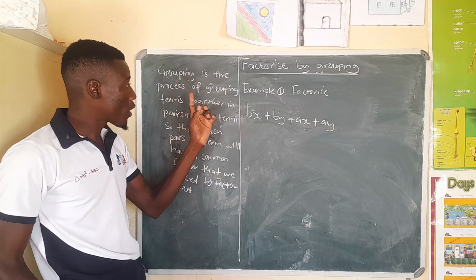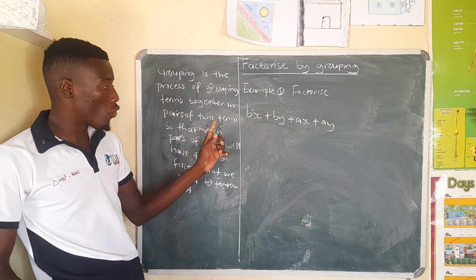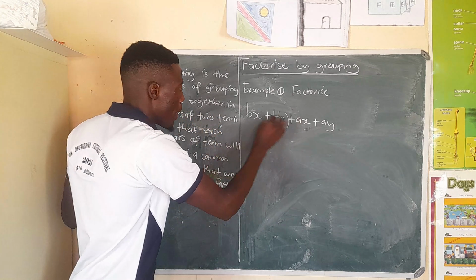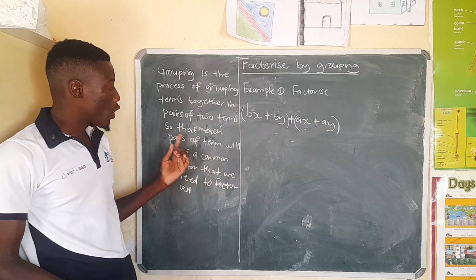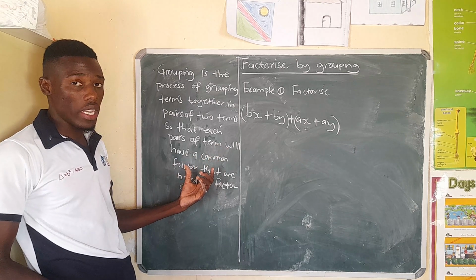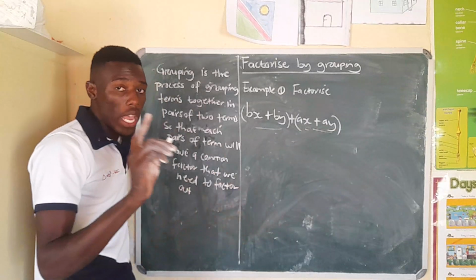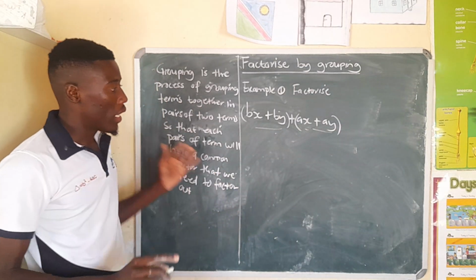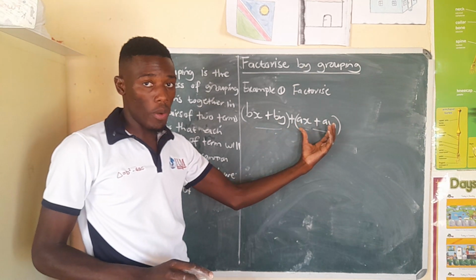Grouping is the process of grouping terms together in pairs of two. In pairs of two. Okay? So that each pair of terms will have a common factor. This pair must have a common factor, and this pair must also have a common factor.